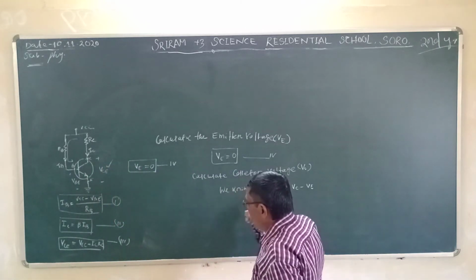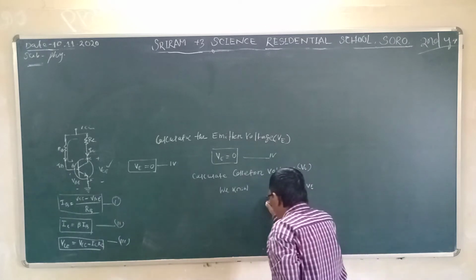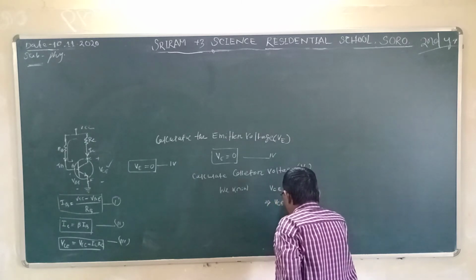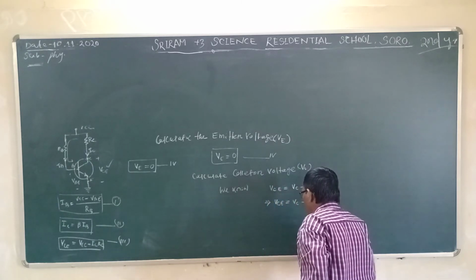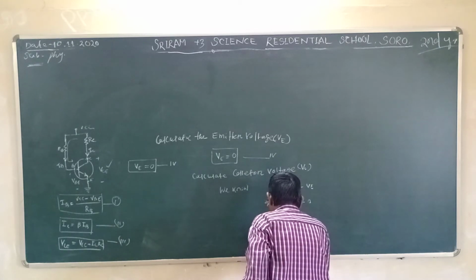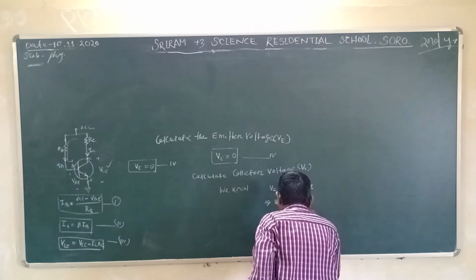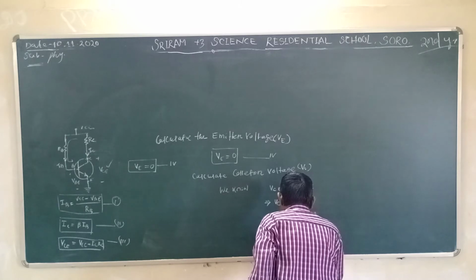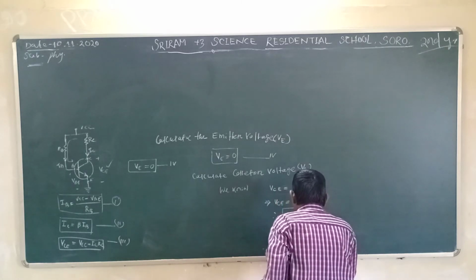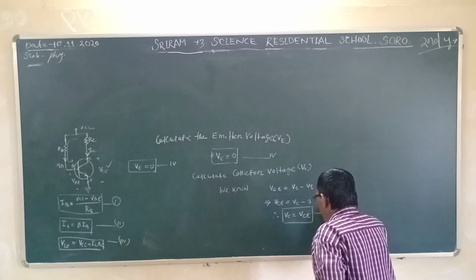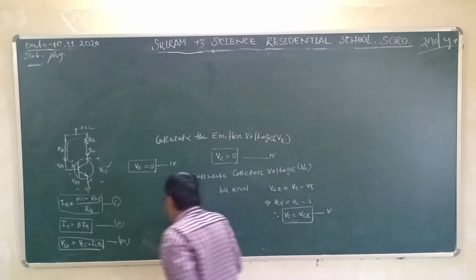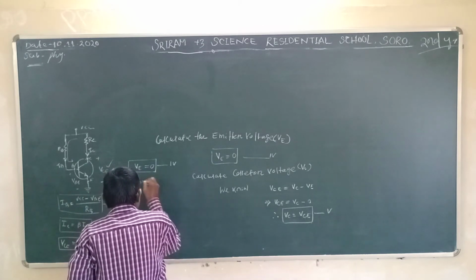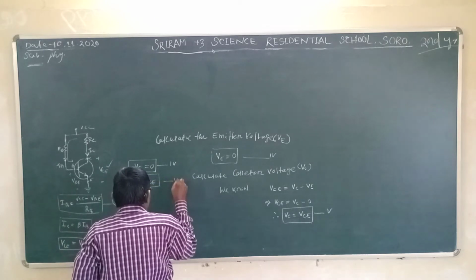Now VCE equal to VC minus VE, or VCE equal to VC minus 0, therefore VC equal to VCE. This is equation number 5.